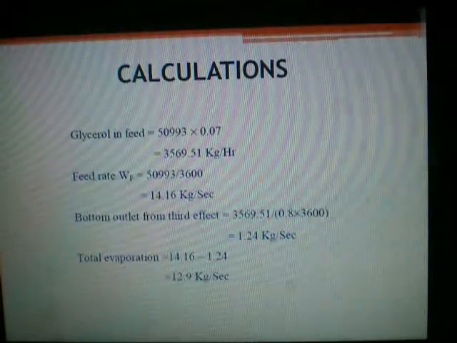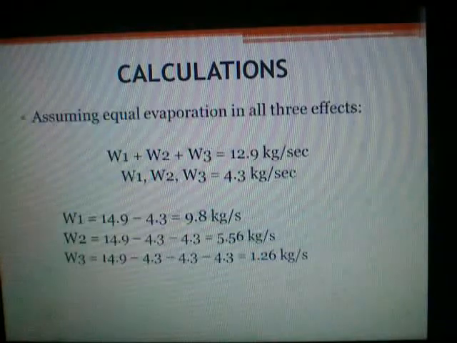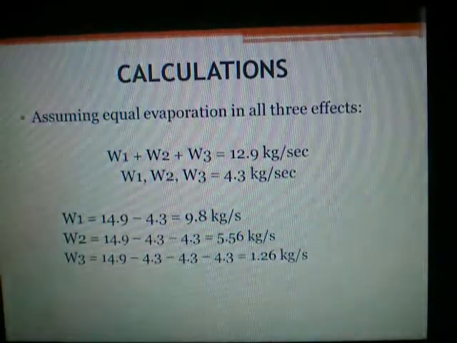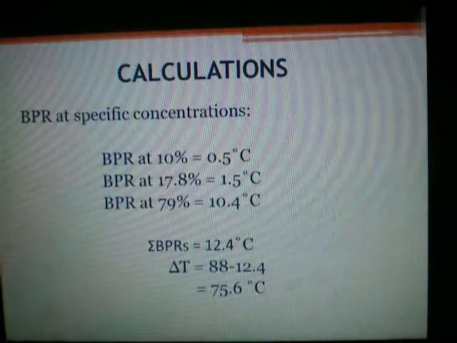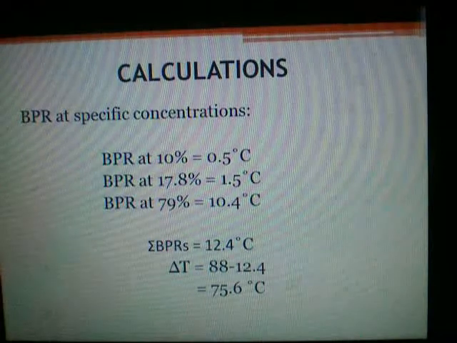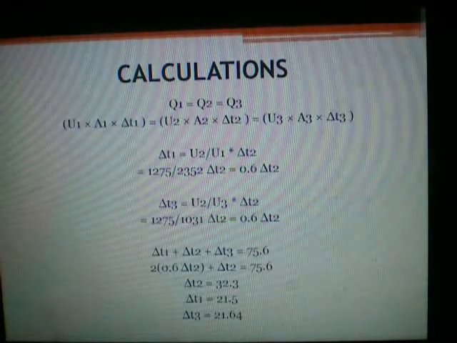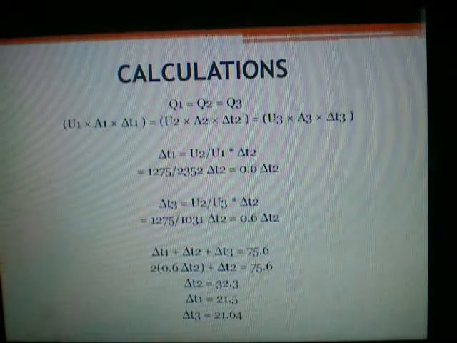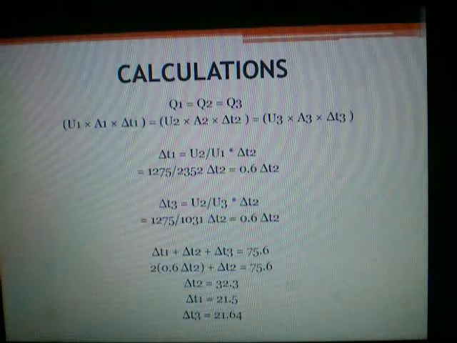Various calculations are performed: the evaporation rate, and the concentration in order to get the boiling point rise for each concentration. Assuming that the heat transfer from steam to the solution is the same for all effects, the Q's were equated.